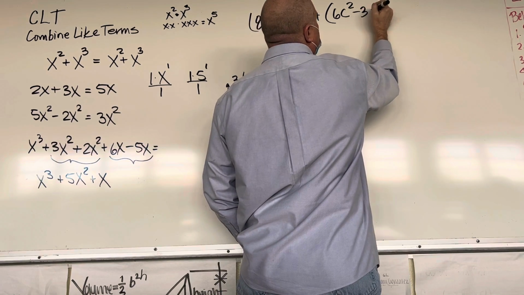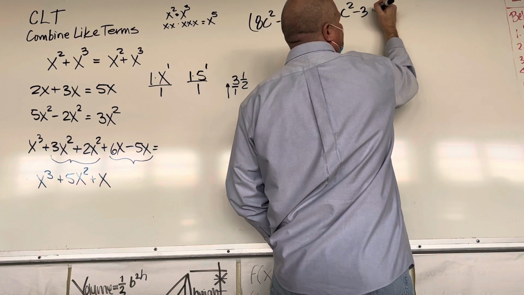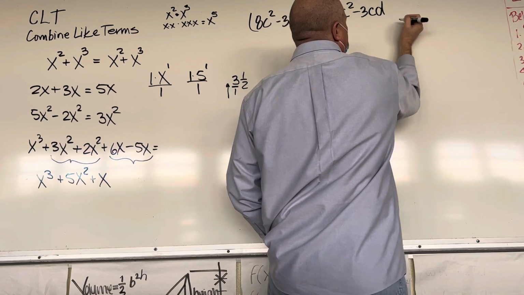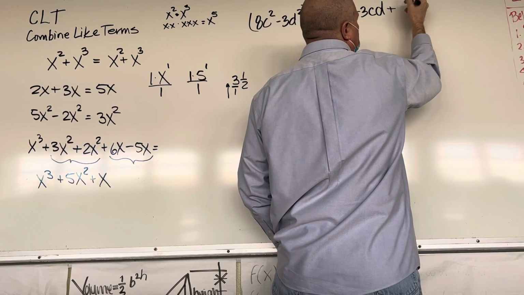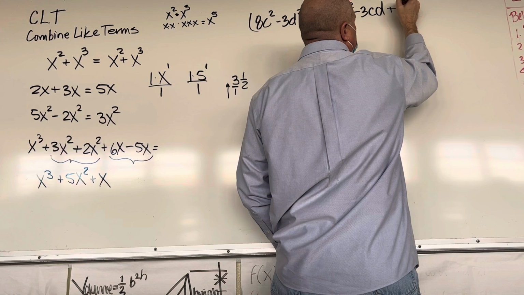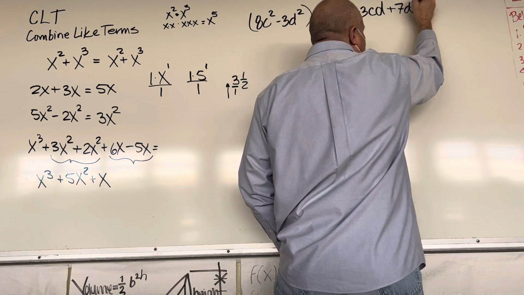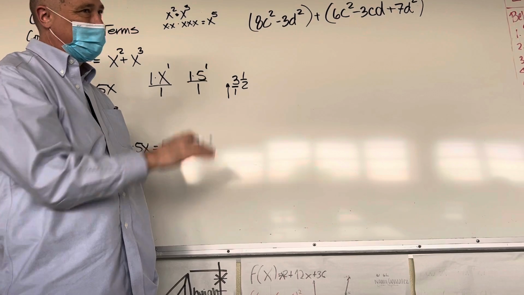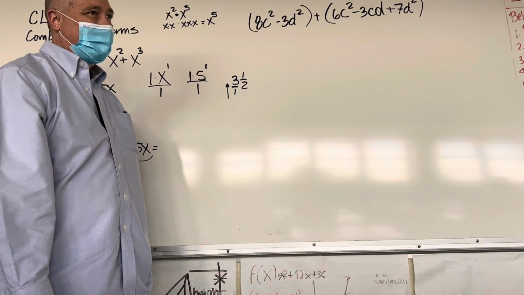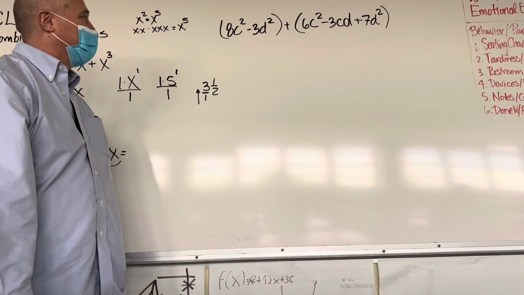Minus 3cd plus 7d squared. Oh, minus 3cd? Yeah. Nice. And then plus 7d squared. Like that? Yeah, I don't know why my brain's not functioning right now. Check it over for me. Do I have it written right? Okay, thank you guys. I appreciate that so much.